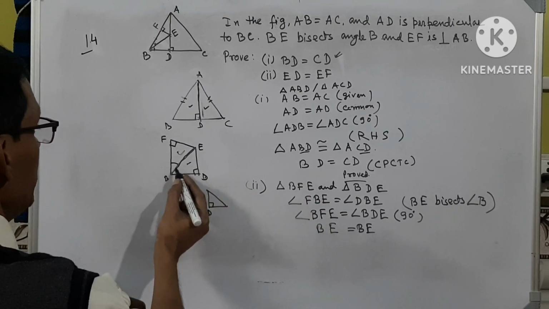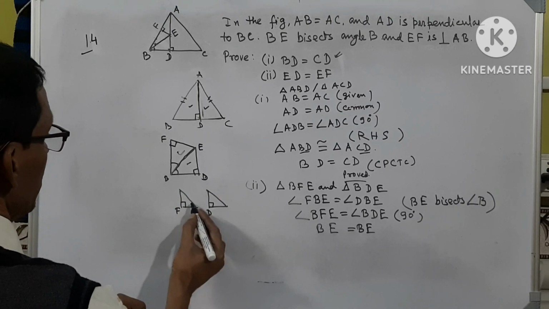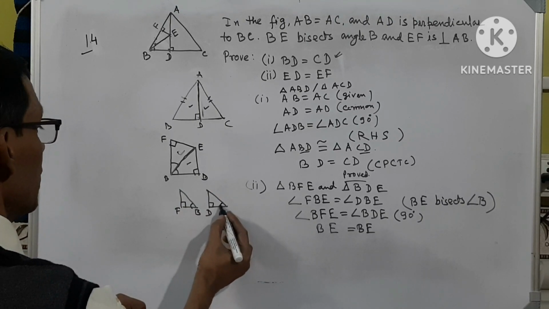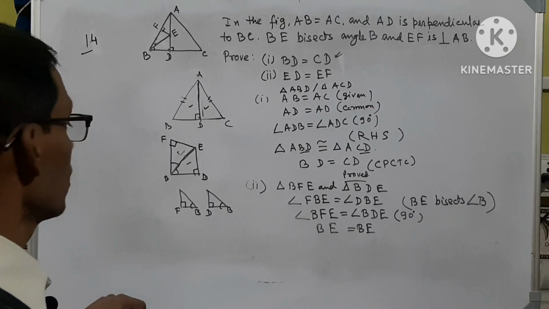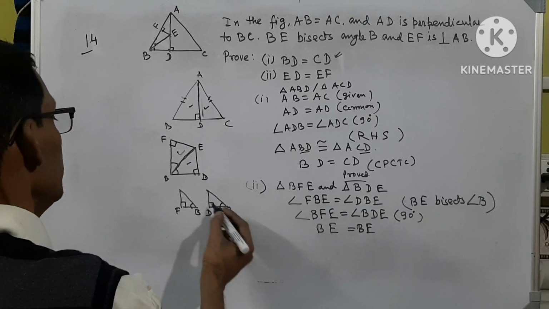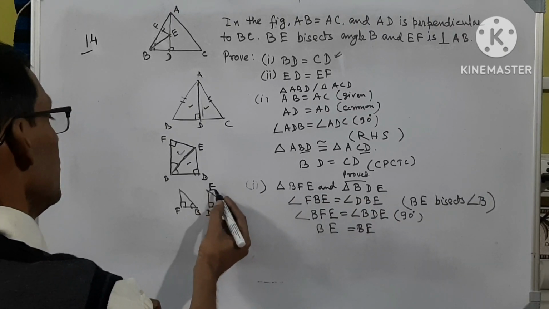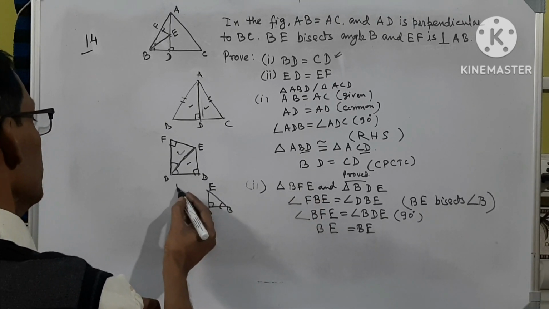And angle B equals angle B. So if you write B here, you can write B here, because they are equal, so they must be corresponding. So BDE, BDE, and BFE, BFE.